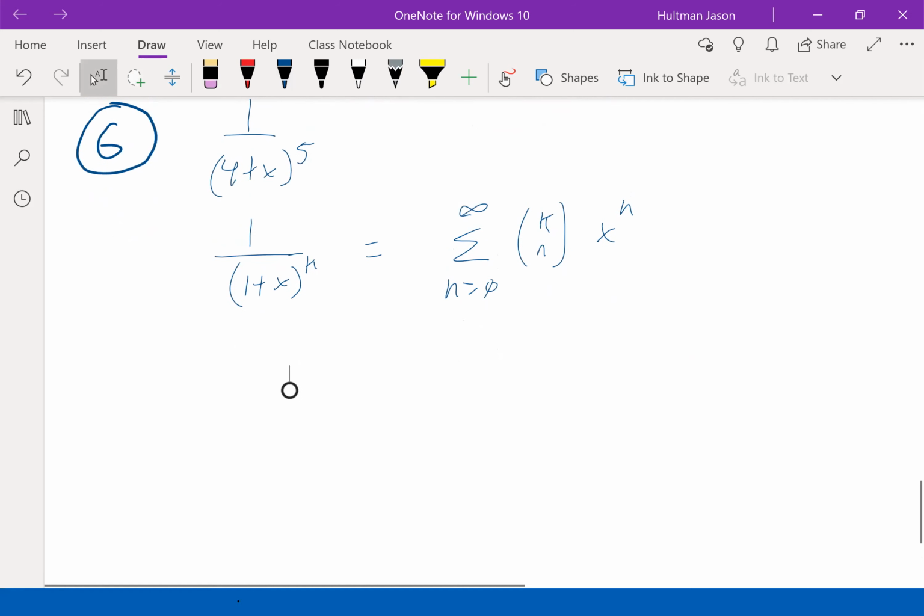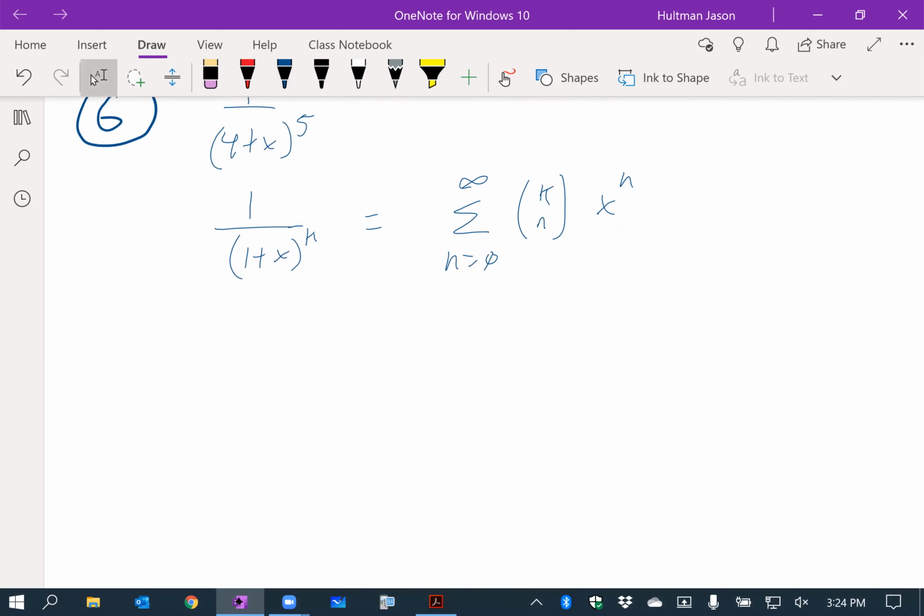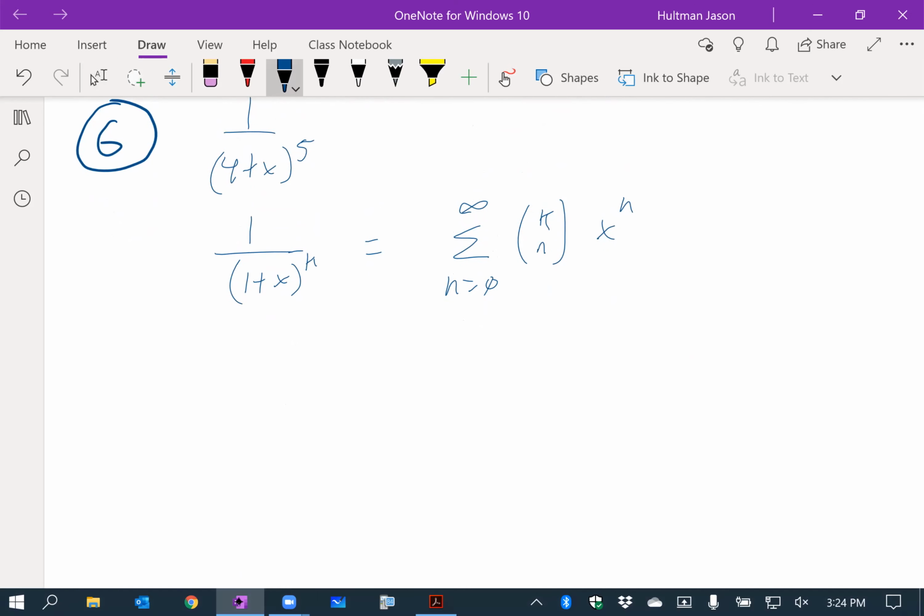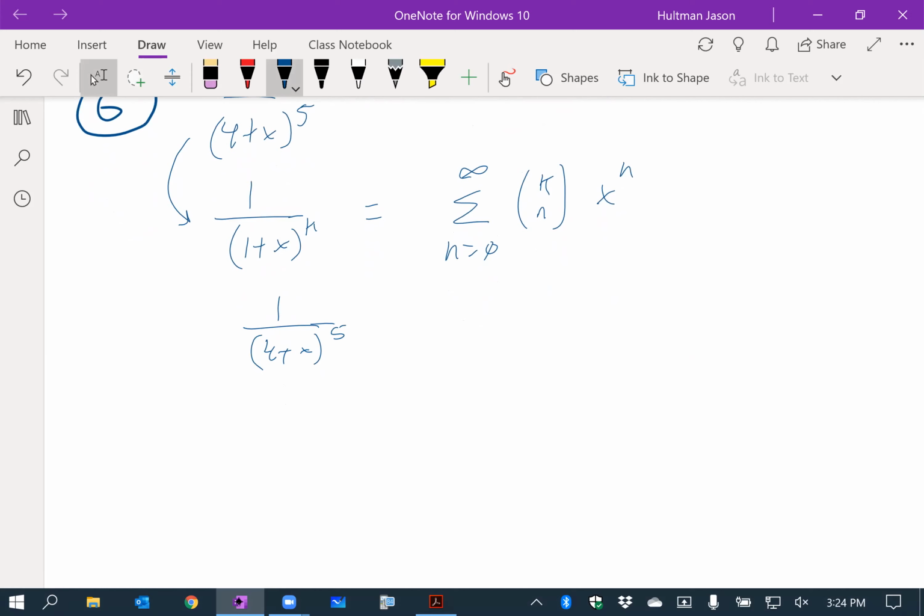Okay, so what do we got here? Well, we have to make this thing look like this. So we have 1 over 4 plus x to the 5th power. So I'm going to divide both top and bottom by 4 to the 5th power. Let's think about this for a second.